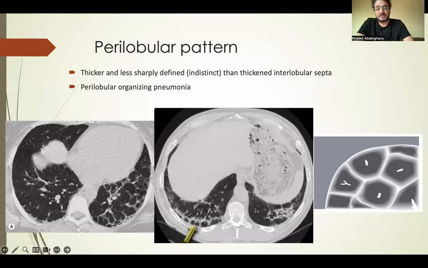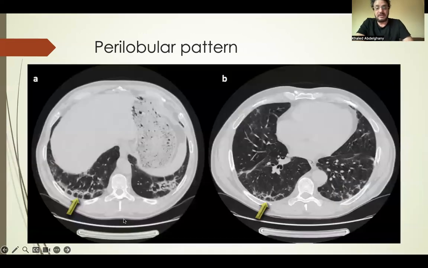These represent organizing pneumonia in most cases. Another example showing the perilobular pattern of interlobular consolidation. These are not interlobular septal thickening.